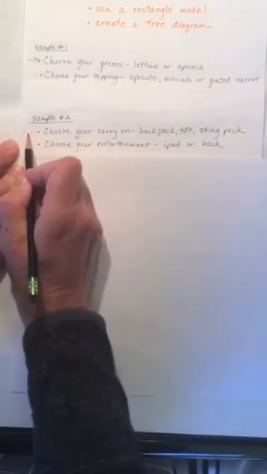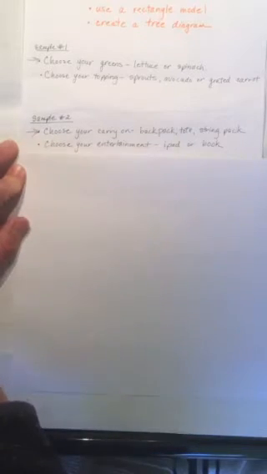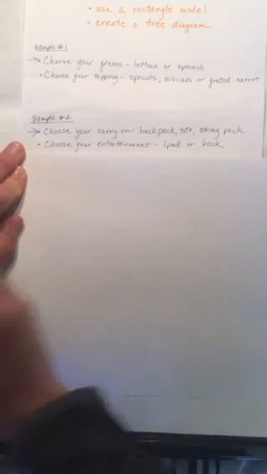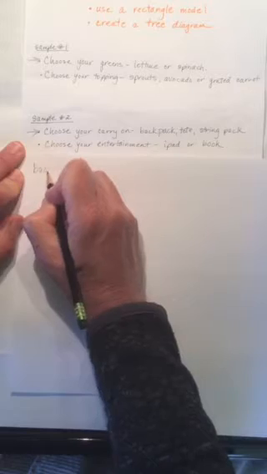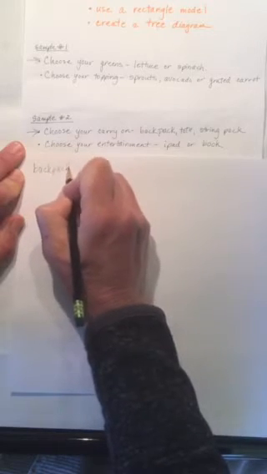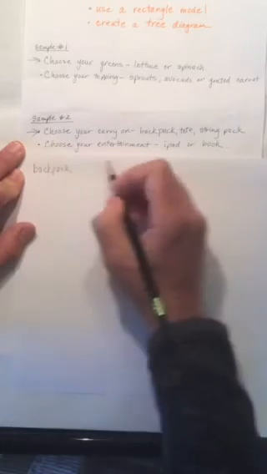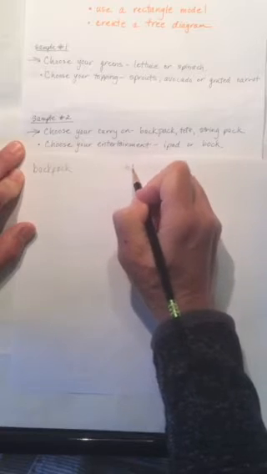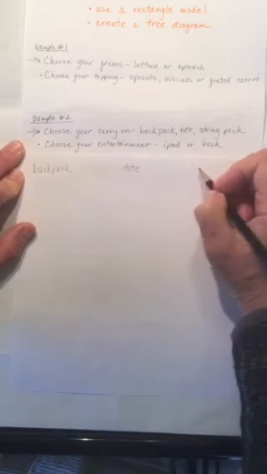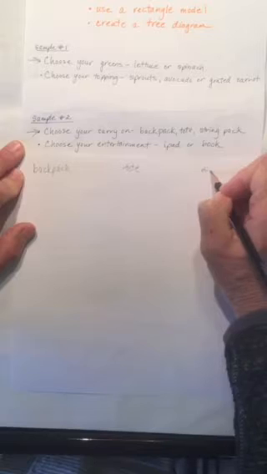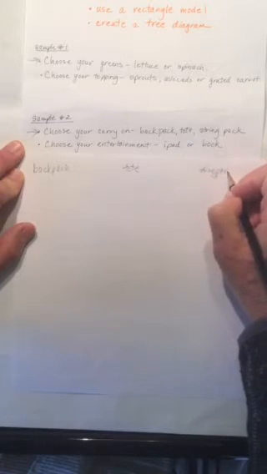So our first decision is about the carry-on. And again, you're going to want to spread this way out, kids. So I could choose to bring a backpack. I could choose to bring my tote bag. Or I could bring a little string pack. And you're doing this with me.